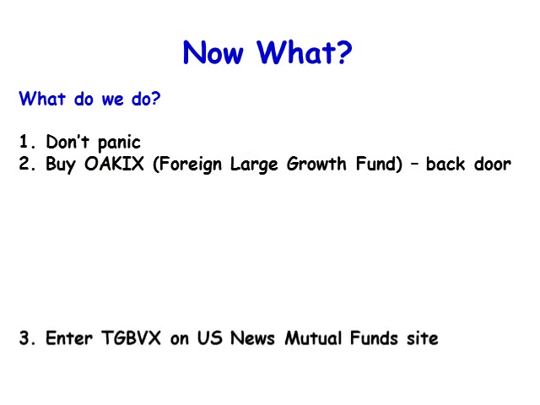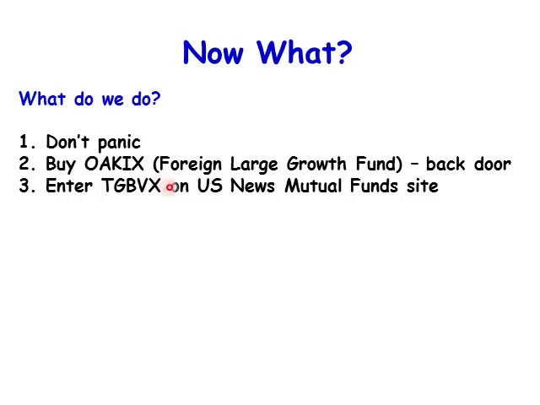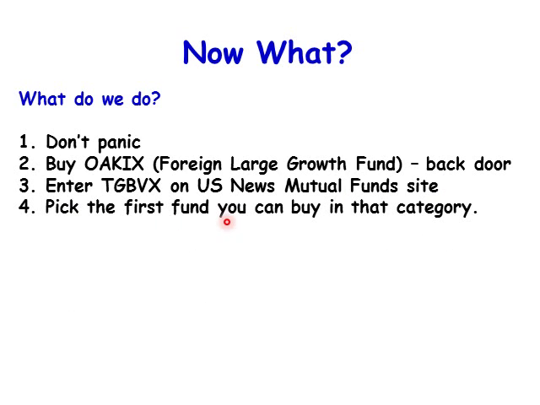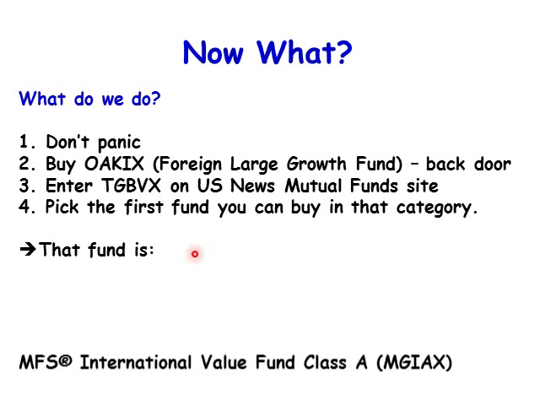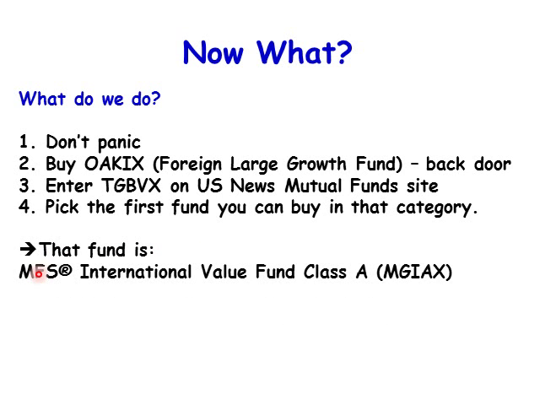Then enter TBGVX on the US News Mutual Fund site, give a top funds selection, and pick the first fund in that category that you can buy. That fund is MFS International Value Fund, and the symbol is MGIAX.